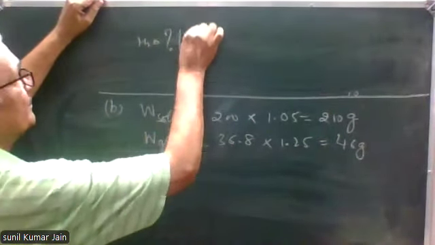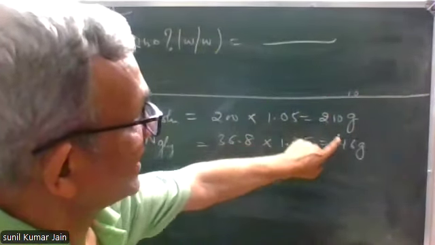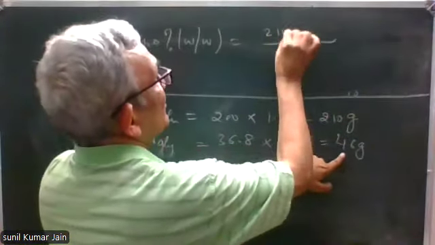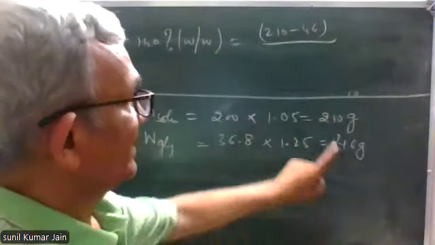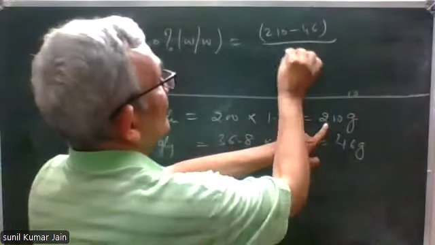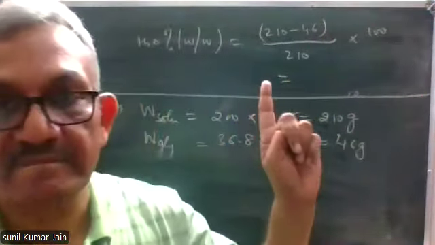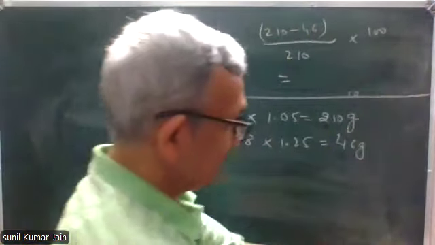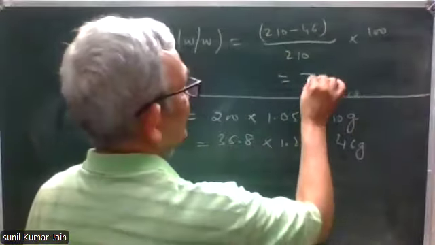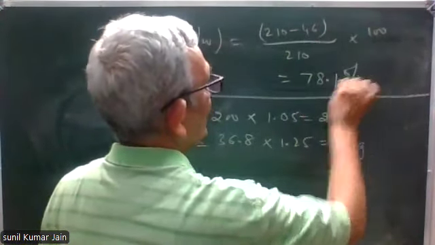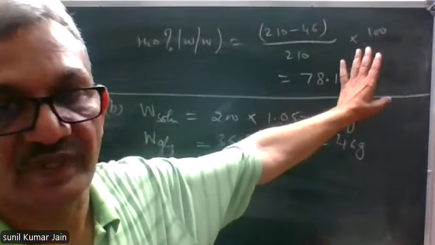Water percent will be weight of water. Weight of water will be 210 minus 46. Right? This is weight of water divided by weight of solution into 100. I think this should be 78.1%. Solution minus solute is weight of solvent, that is water.